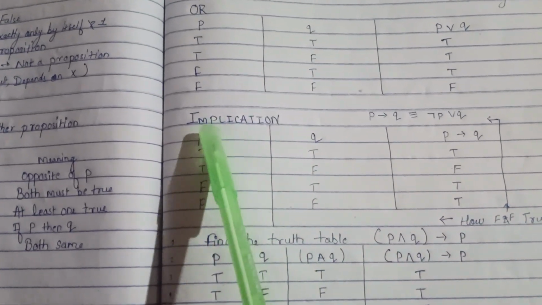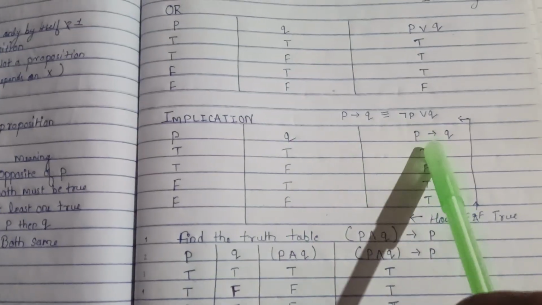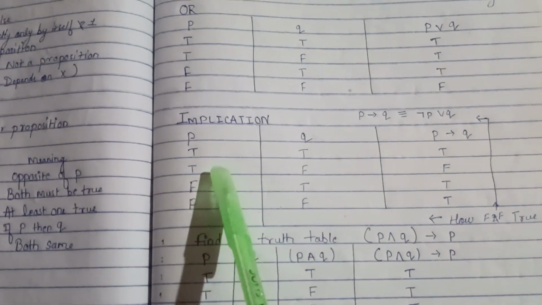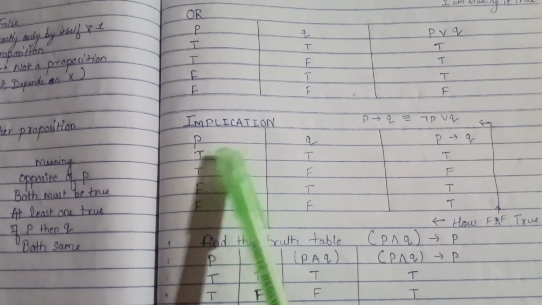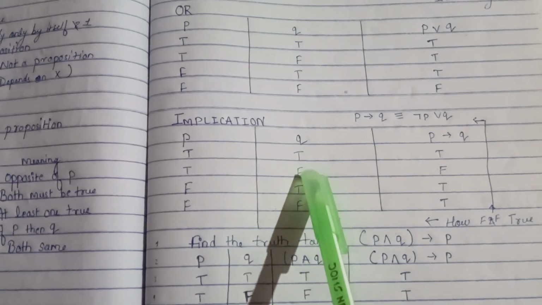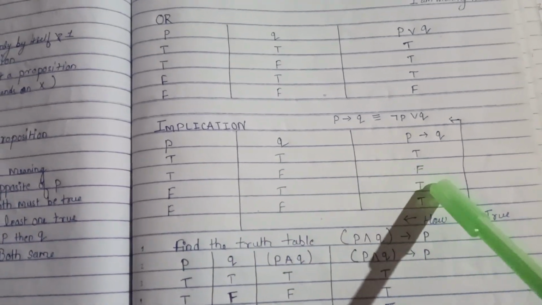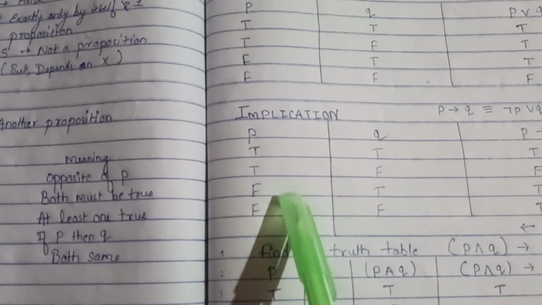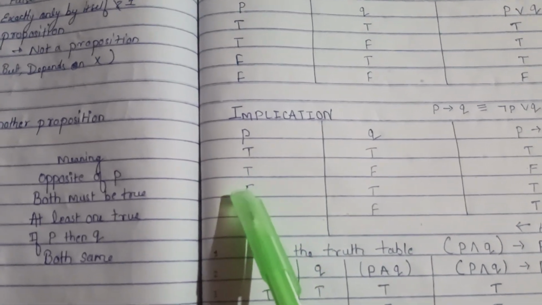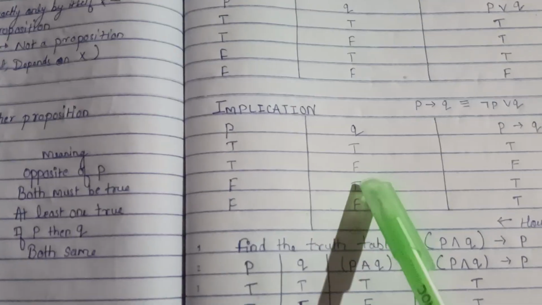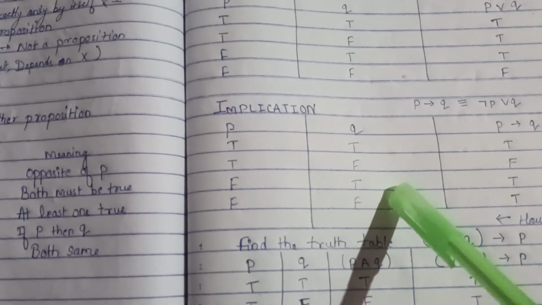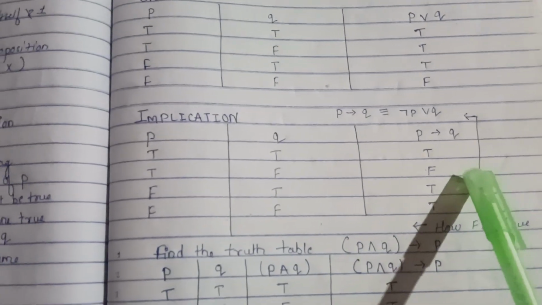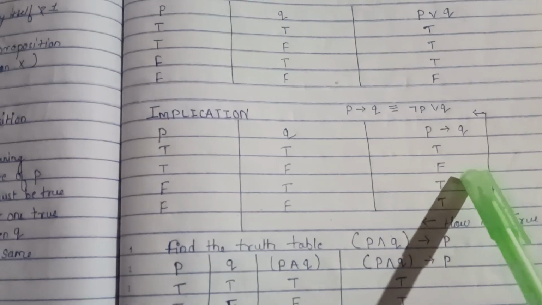Okay, so true becomes true. Our condition is met, but if our promise is false, then it becomes false. Now here, P is false, but Q is true, and this is also true.